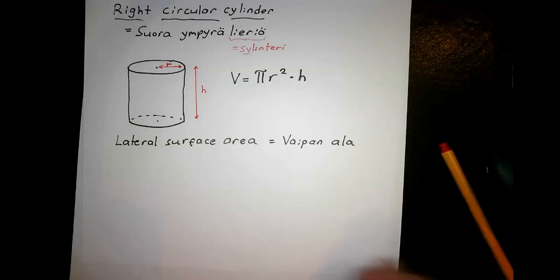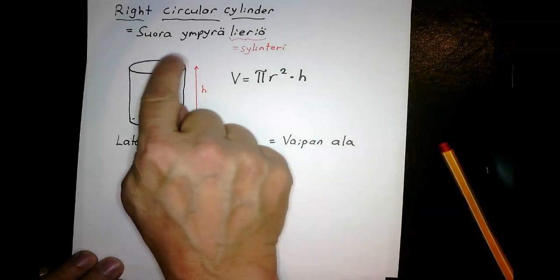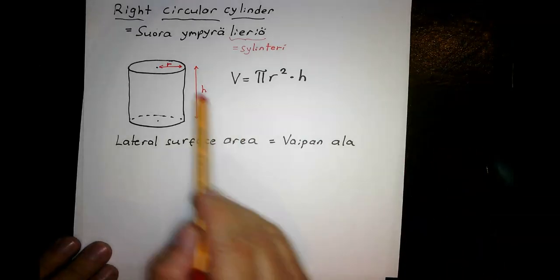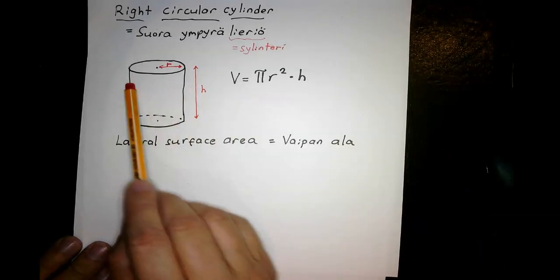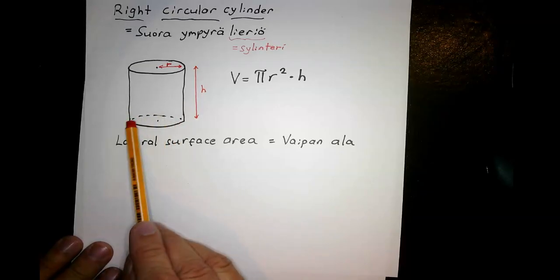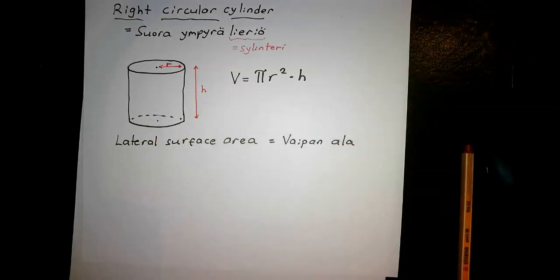I have to check that, but in geometry it means the area of the surface, not the bottom and the top sides of this figure. If we think that this is some kind of wall, we don't take the roof or, what is the word in English?